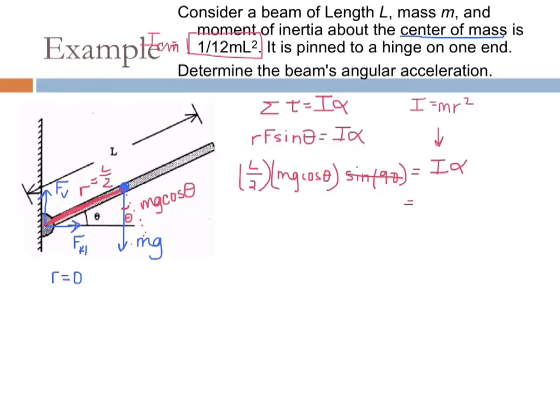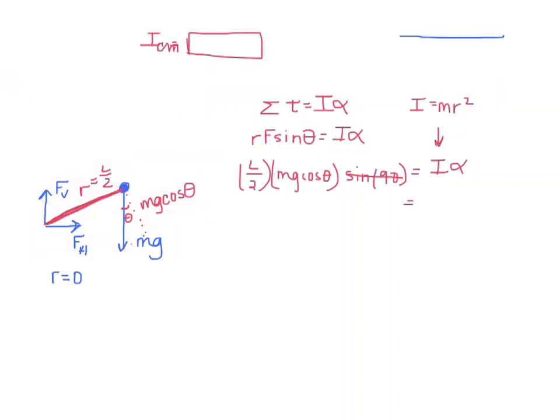We're rotating about one end. So what we can do is actually use the parallel axis theorem, which is the moment of inertia about the center of mass plus the total mass times the distance that the axis of rotation has moved from the center of mass.